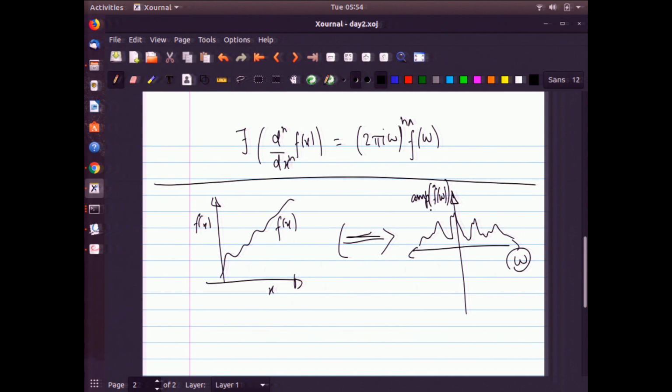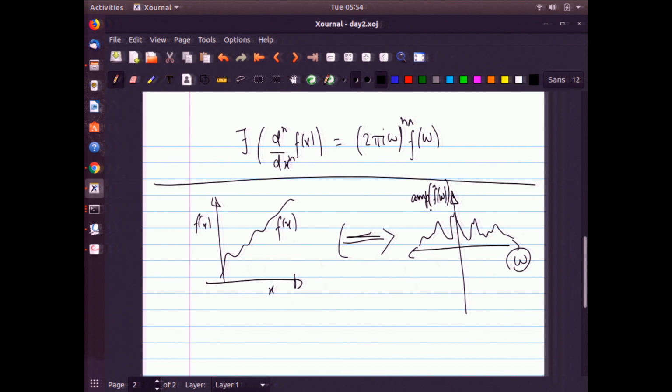But anytime we think of a Fourier transform, we should be thinking either amplitude or phase. Or if you can imagine a complex function, very well and good, you can do that. But don't try to imagine a real function, because that leads to all kinds of trouble. Okay, so the amplitude of f of x might look something like that.